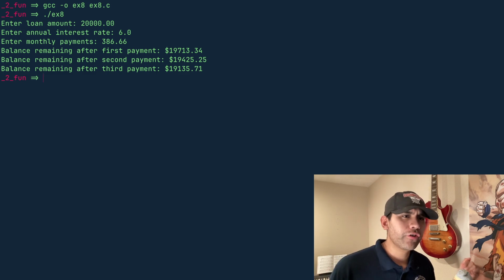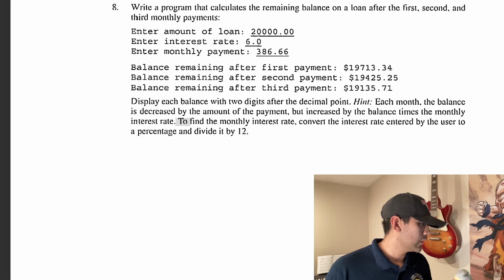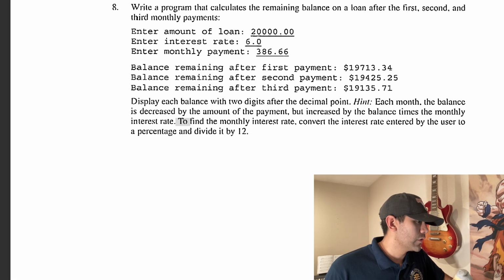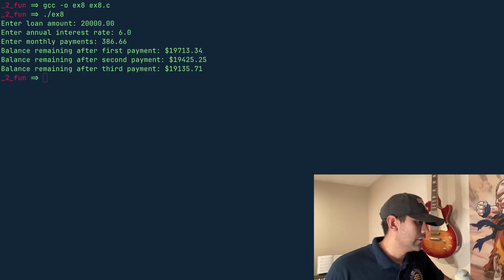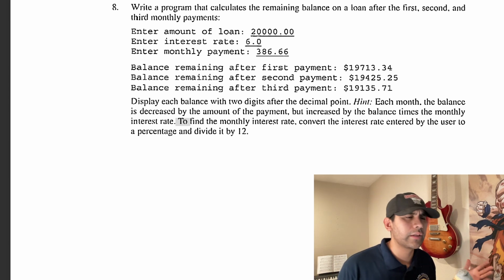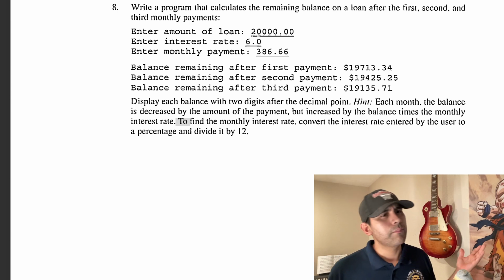Balance remaining after first payment, after second payment, after third payment. It looks correct, right? 19,713.34, same. 19,425.25, correct. 19,935.71, correct. I just want to make sure we're matching the example. But this is beautiful.